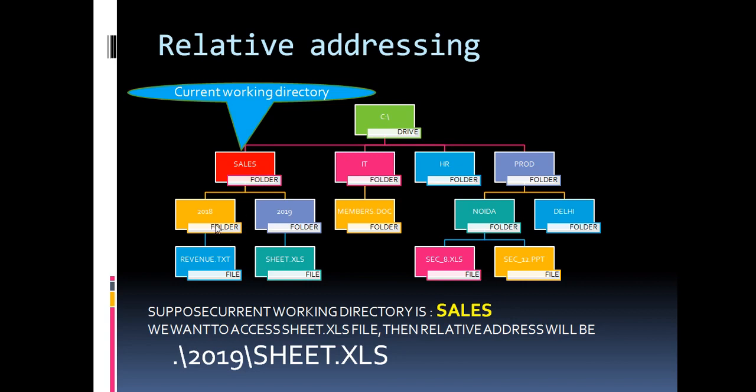Sales has two folders. We are interested in sheet.xls, so we will show from the current directory: one dot means the current directory, the next is 2019. So this is your relative path. If you mention this much, it is understood that you are somewhere in this directory. Here suppose I want the file revenue.txt, you give revenue.txt, 2018 you give, and dot. Hope you understood, right?